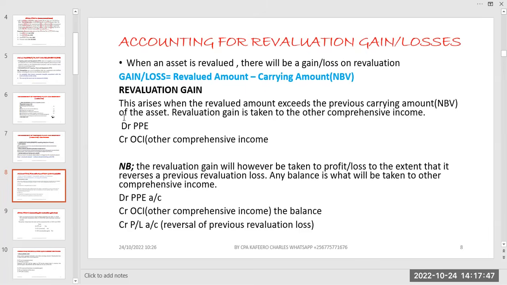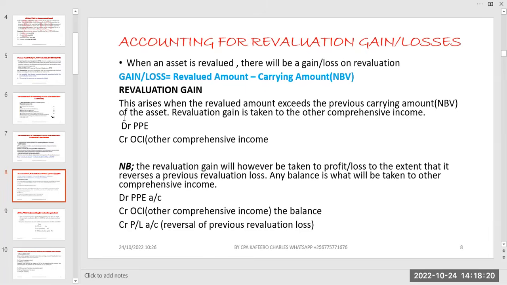So since they are unrealized, we don't take them to the income statement or profit and loss account, but we take them to OCI, that is other comprehensive income. Others may say that we create a revaluation surplus. At the end of the day, that revaluation surplus is supposed to be taken to the balance sheet under the equity section.